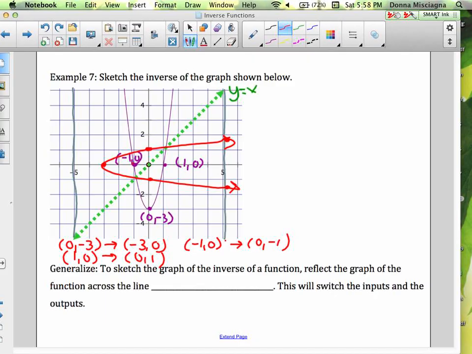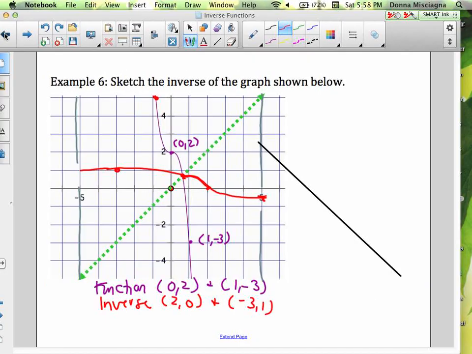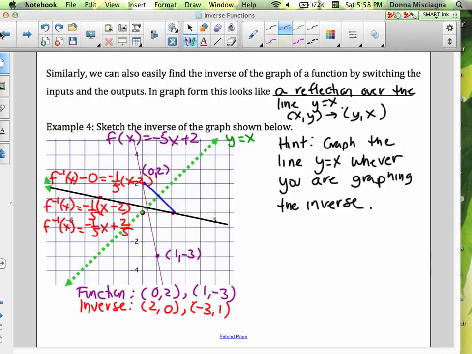Let's talk about whether these were functions or not. All right. First graph. Well, this one was a function, right? So here the inverse was a function. And we can tell because we could tell even before we graphed because of the original function.